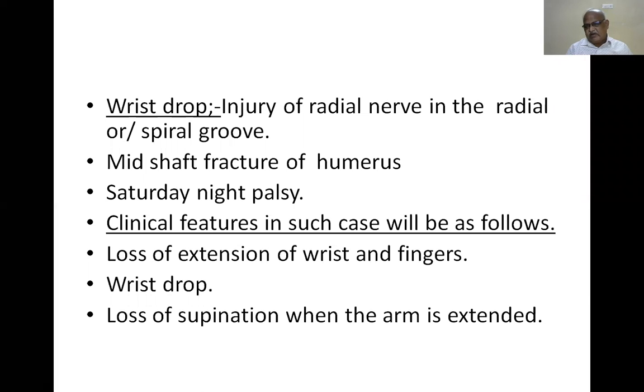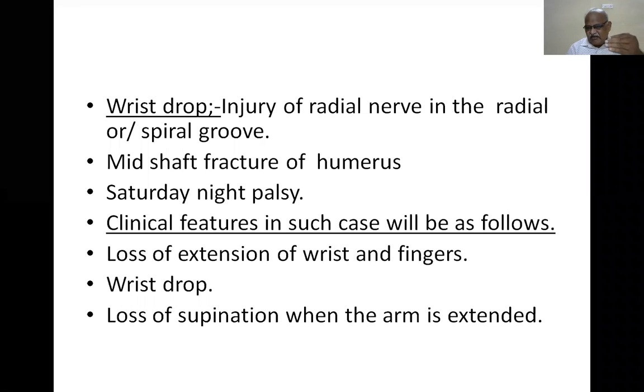Why? For example, you see in olden days, the physically handicapped people used to have crutches in their axilla. So the crutch injury can cause radial nerve damage and leads to wrist drop, because the axilla is the highest point of the radial nerve.